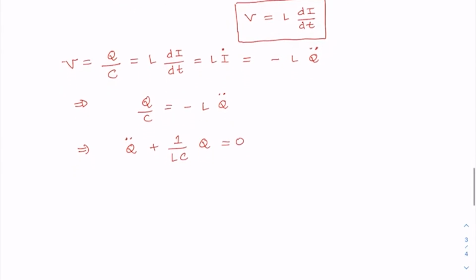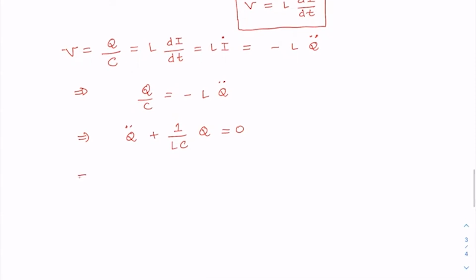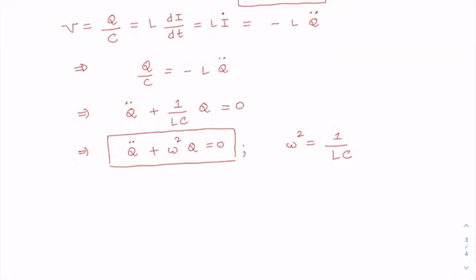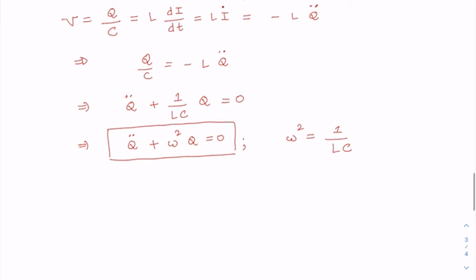As you can easily see, this is a second order differential equation for charge. It is the equation of motion for charge in an LC circuit, which we can write as Q double dot plus omega square Q is equal to 0, where obviously omega square is equal to 1 by LC. So this is a well-known equation. This equation tells us that charge Q oscillates simple harmonically in an LC circuit. Now let us go back to our transmission line.